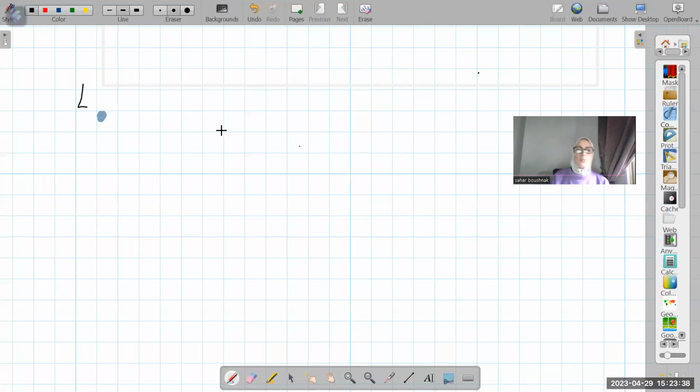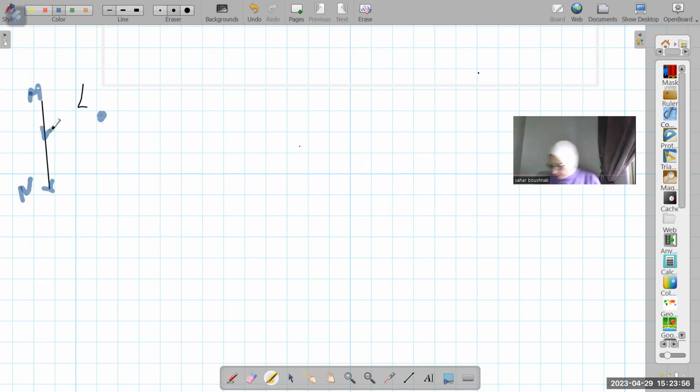Okay, I want to make translation for L. We know that the translation needs direction and distance. So with this direction, M, N, and this is the direction.